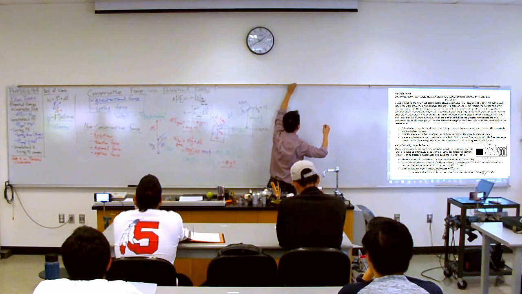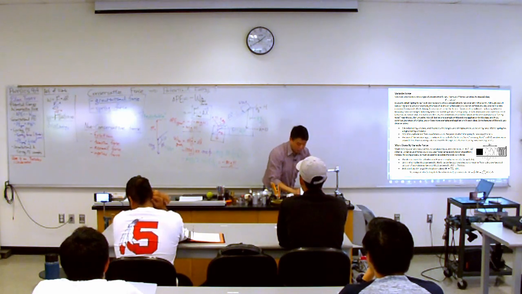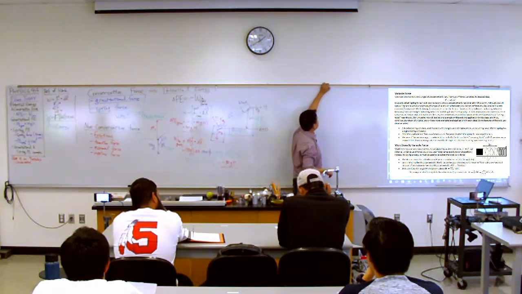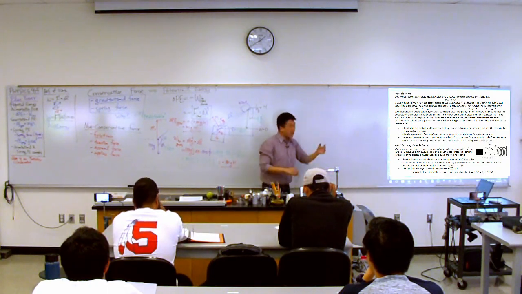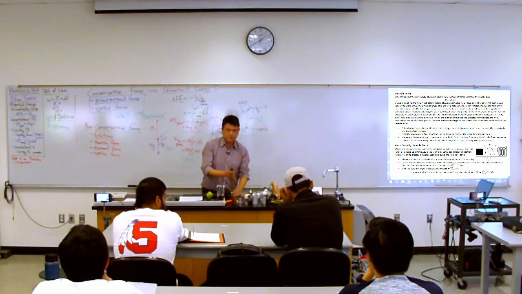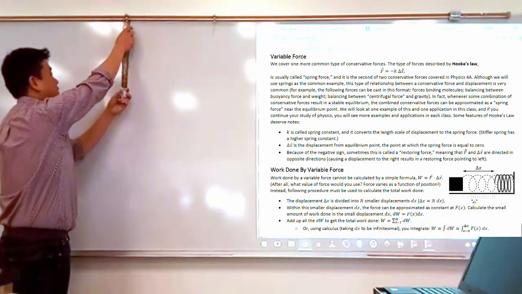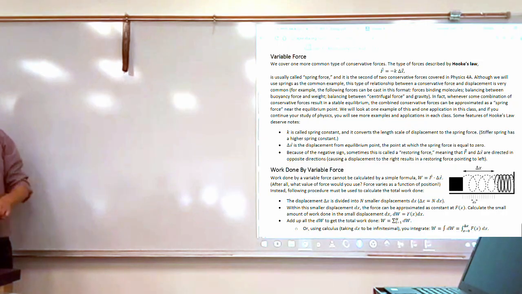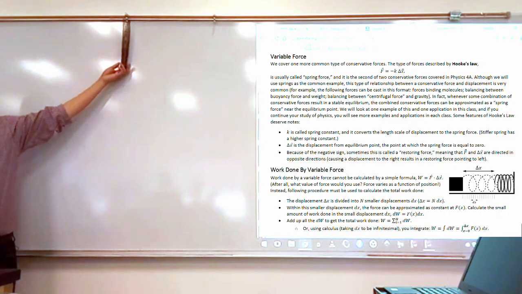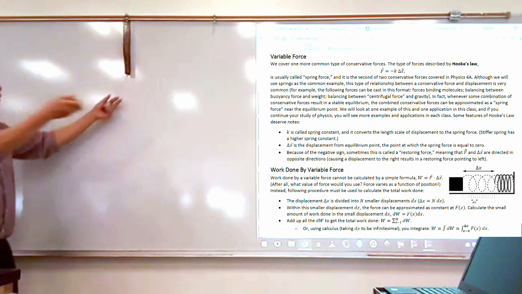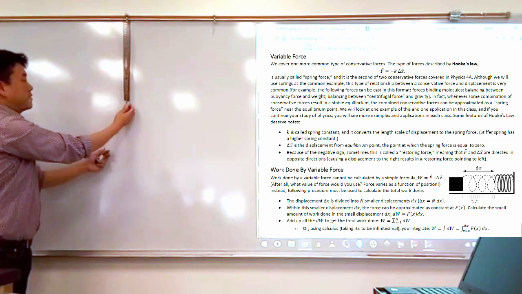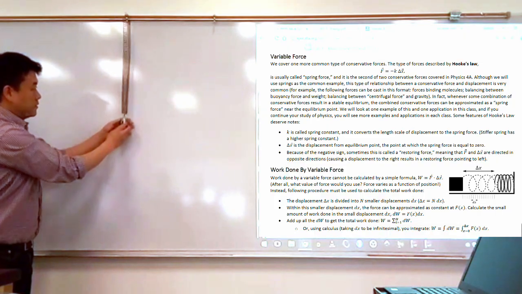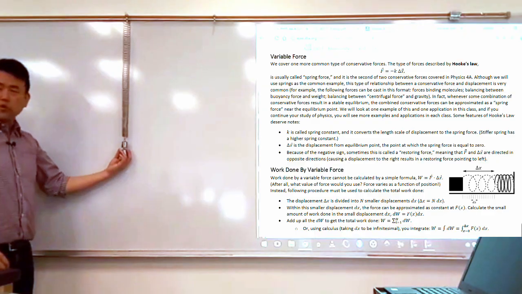So when we start talking about spring force, the other conservative force we are talking about in this semester, you will quickly realize that spring force is not constant. When I hang this spring here, the amount of spring force that's being applied right now versus the amount of spring force that's there right now, are those constant?